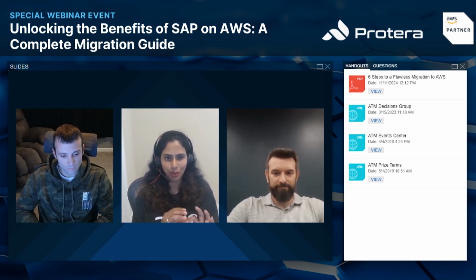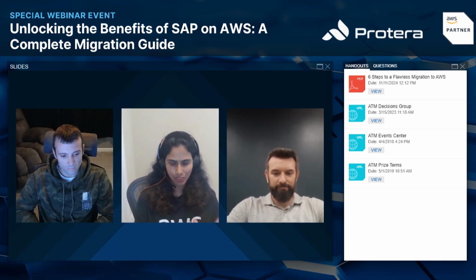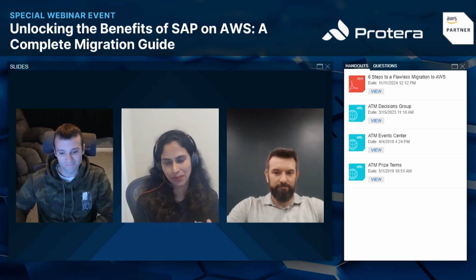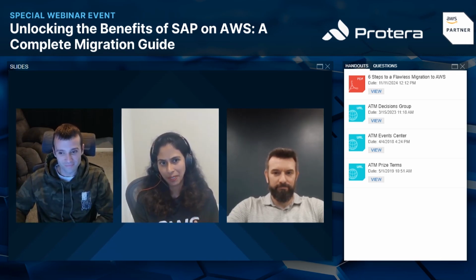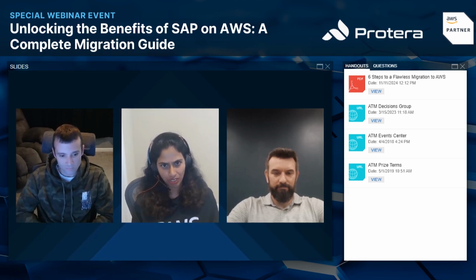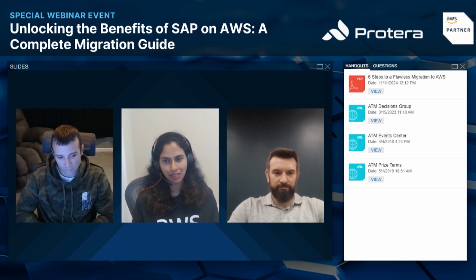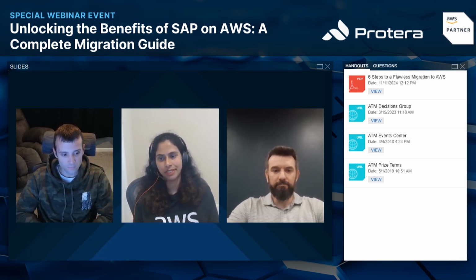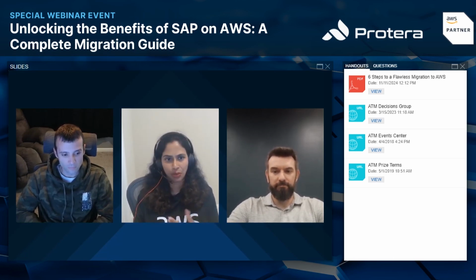I just quickly want to hit on the shared responsibility model from a security perspective. In terms of the security of the cloud, AWS is responsible for protecting the infrastructure that runs all of the services in the cloud. That infrastructure is composed of hardware, software, networking, and facilities, everything that runs the AWS cloud service.